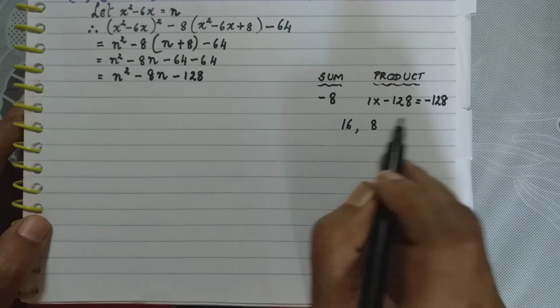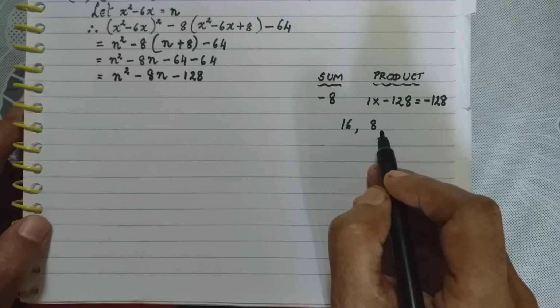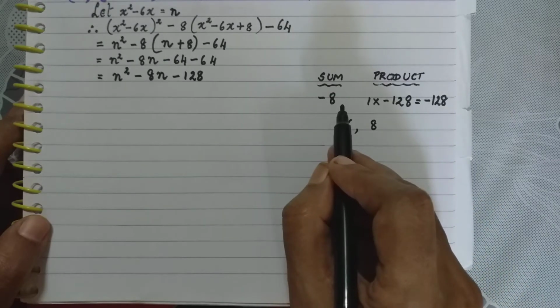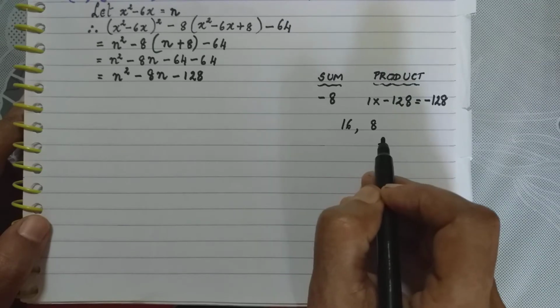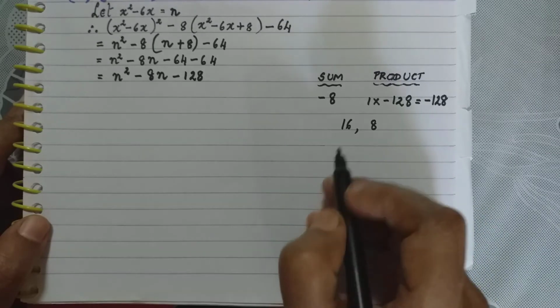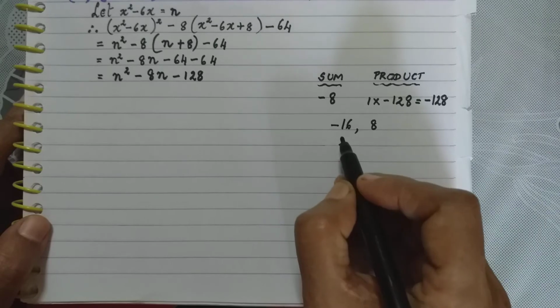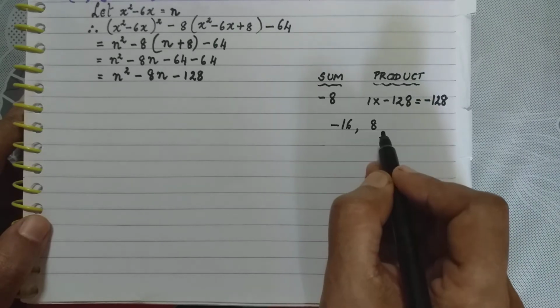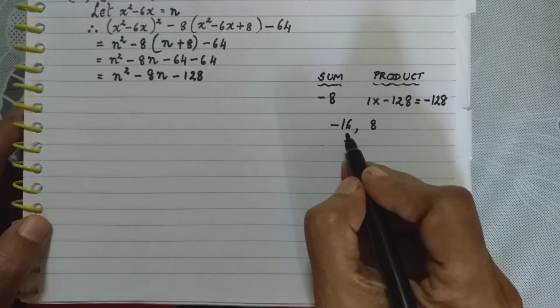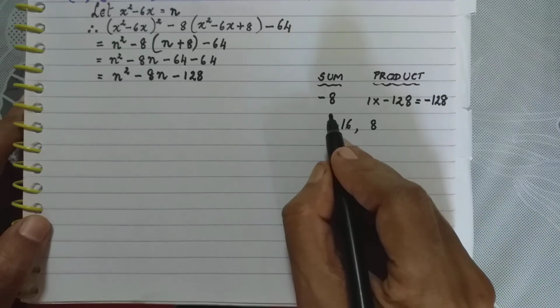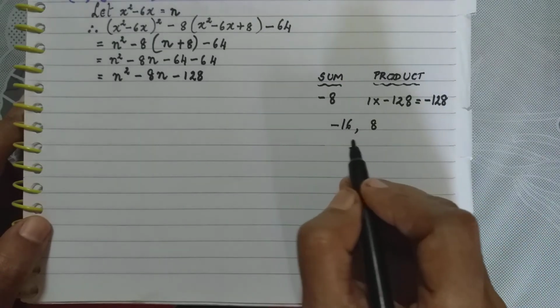So that means one must be plus, one must be minus. But the sum is minus. So the bigger factor among these should be minus. Now let us see with 16, minus 16 plus 8, will we get minus 8? Yes. Minus 16 plus 8 will be minus 8.